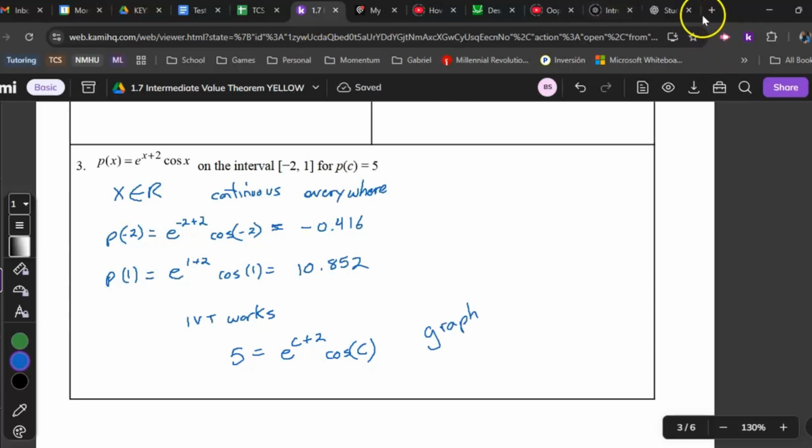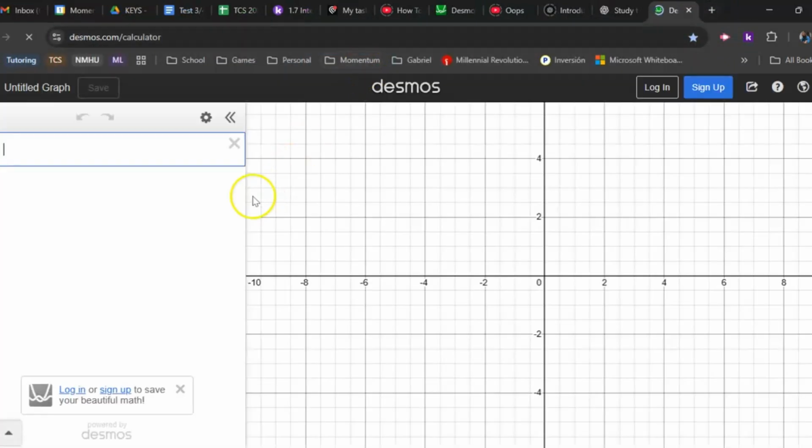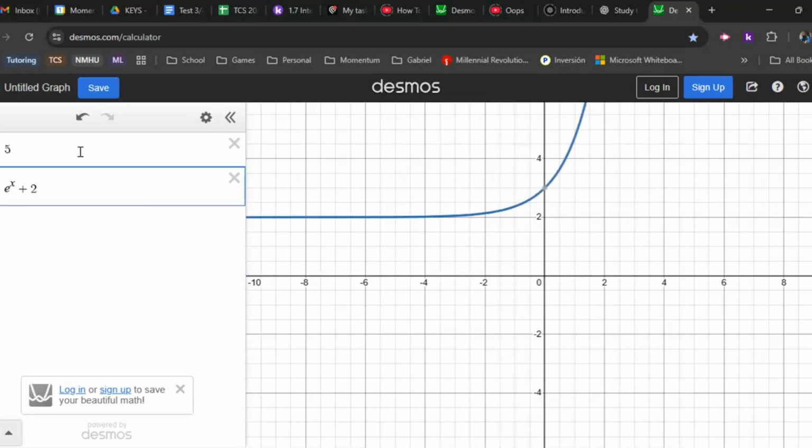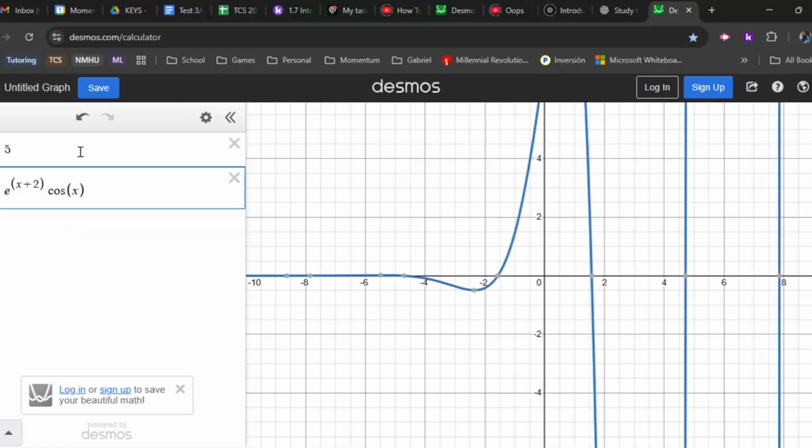So let's open up Desmos. We're going to graph 5 and e to the power of x plus 2 times the cosine of x.